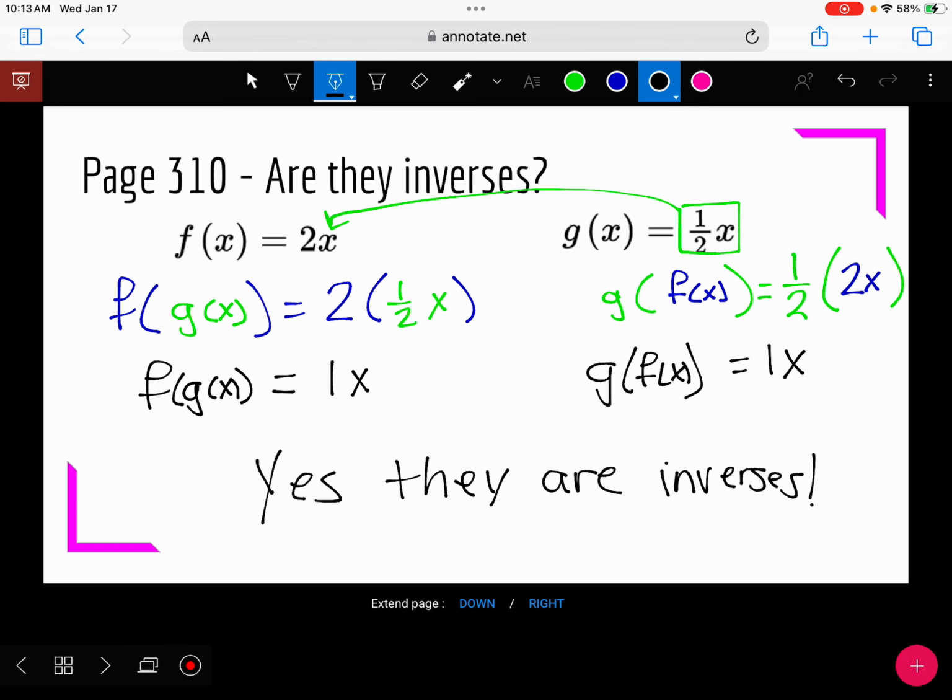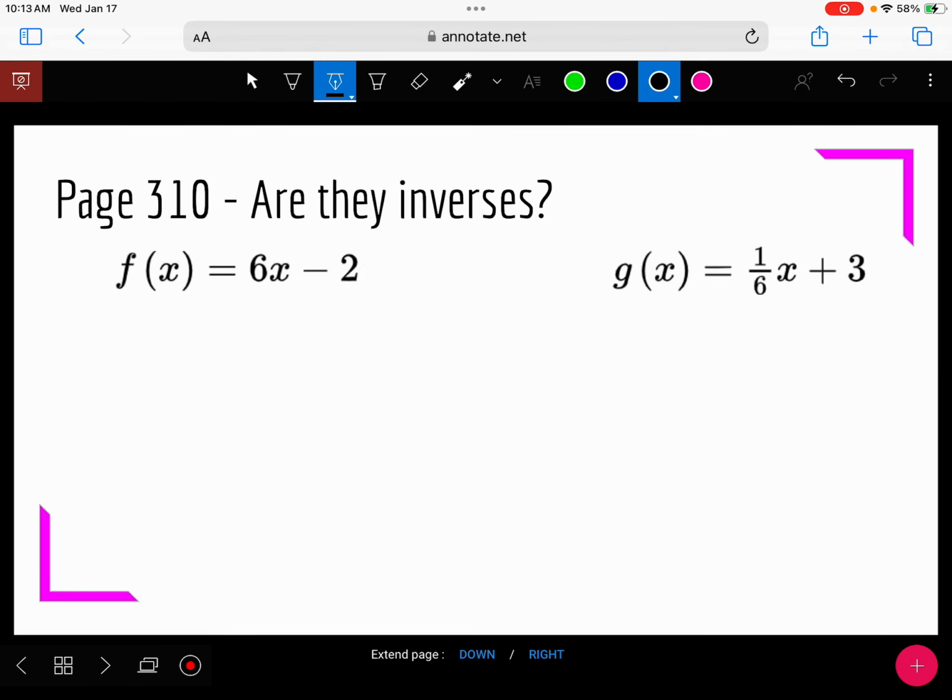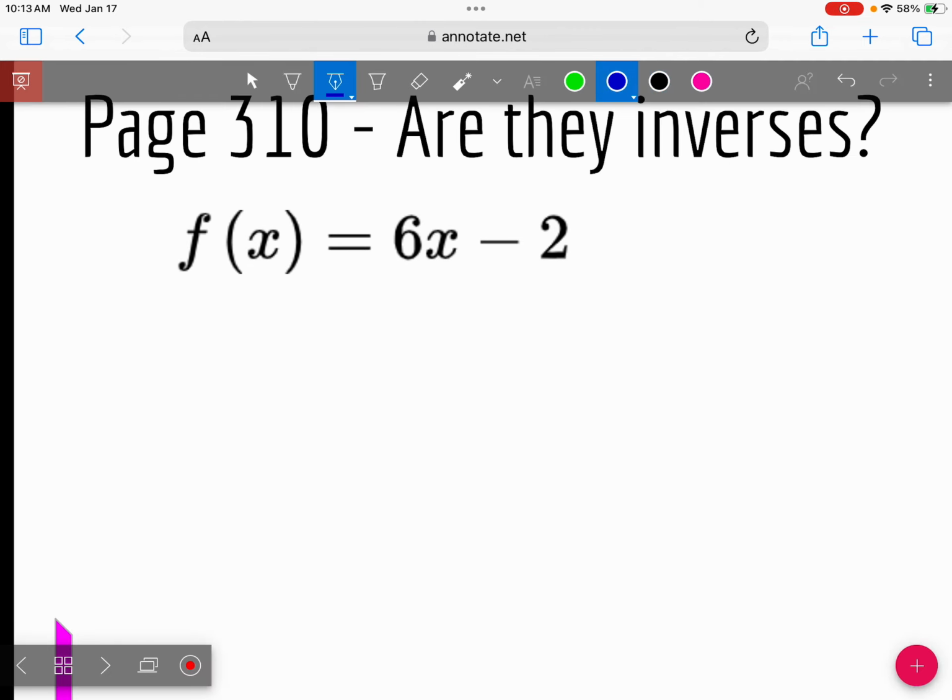Let's try that again. New function rules. f of x is 6x minus 2, and g of x is 1/6 x plus 3. So they're a little bit more complicated. But we're going to do the same process.